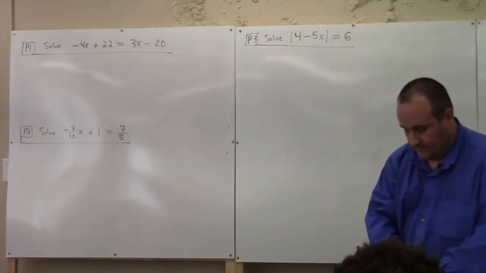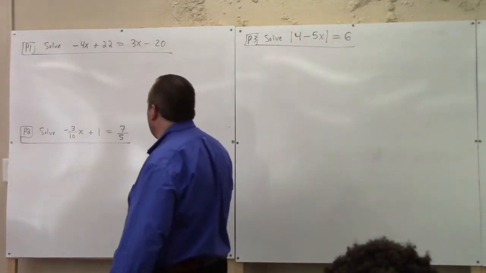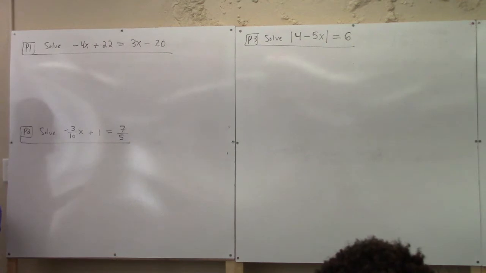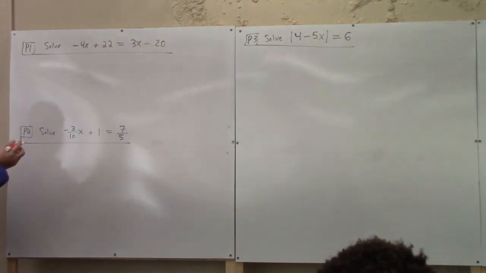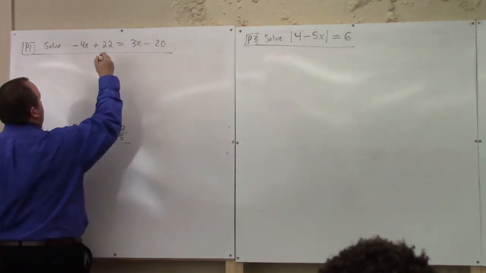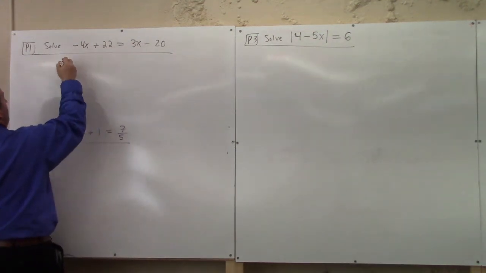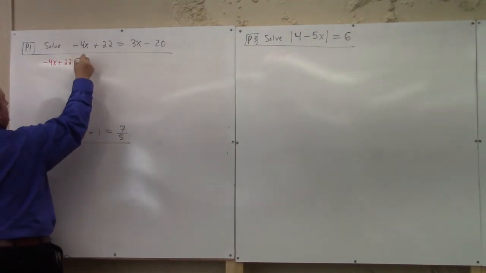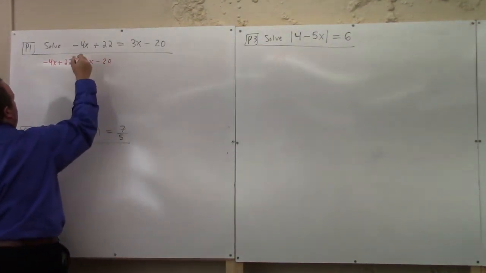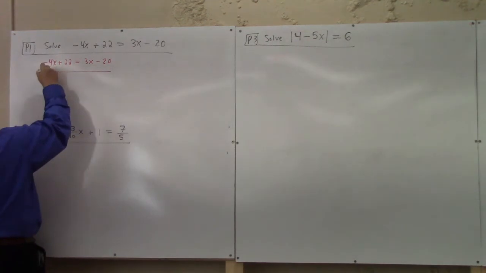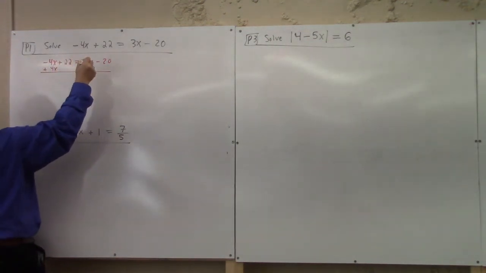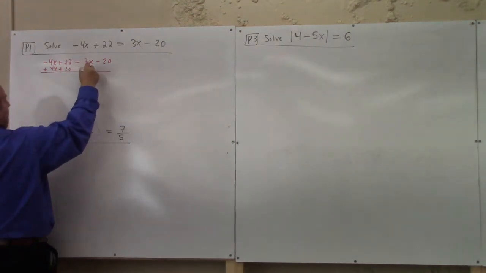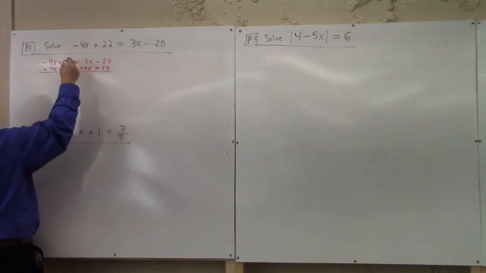Let's see here. So what should we do for the first problem? Maybe add 4x to both sides and subtract 22 from both sides? Does that make sense? Or add 20 to both sides, right? So we have minus 4x plus 22 equal to 3x minus 20. If I add 4x to both sides and I add 20 to both sides, what happens? The 4x's cancel.